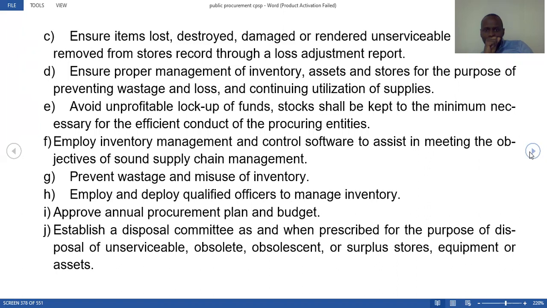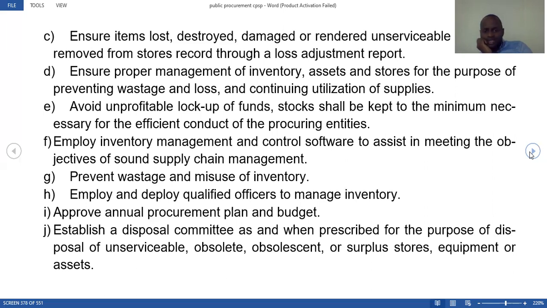Then the other thing is to implement management and inventory control softwares. So you implement some of the softwares that can be used within the organization. Then issues of misuse we've talked about. Employ and deploy qualified officers to manage inventory.